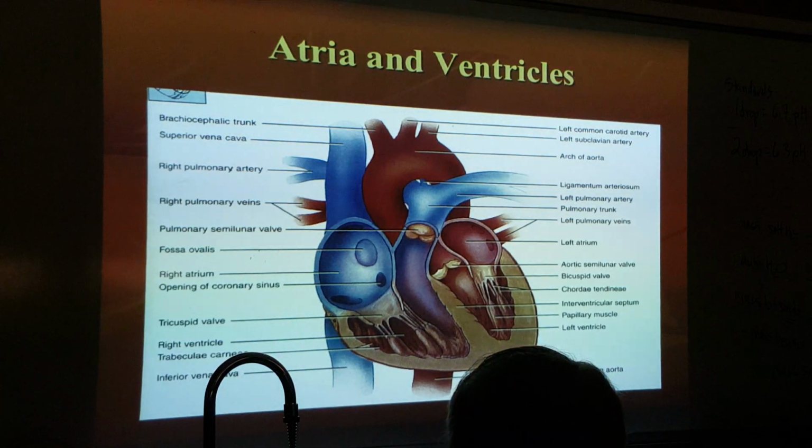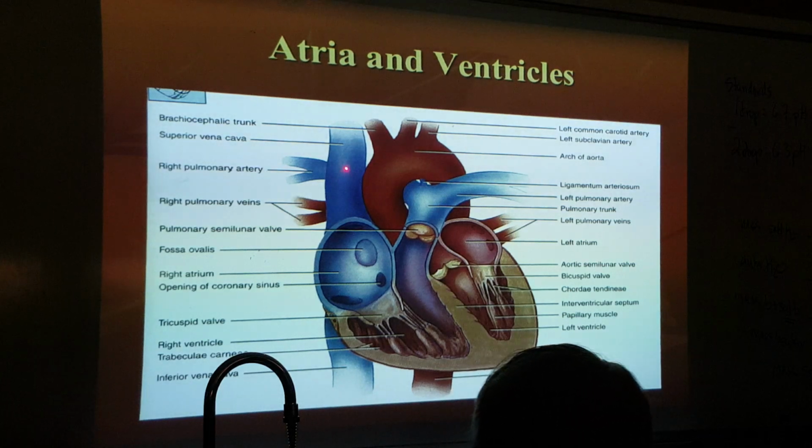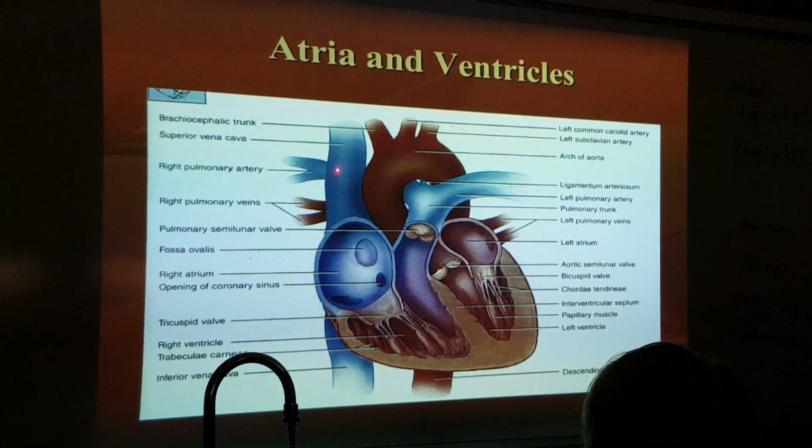Veins are generally shown in blue. These are the vena cava veins, the superior and inferior vena cava, the largest veins in the body. Veins bring blood back to the heart from various parts of the body. So blood is constantly coming in via these vena cava veins into the right atrium.